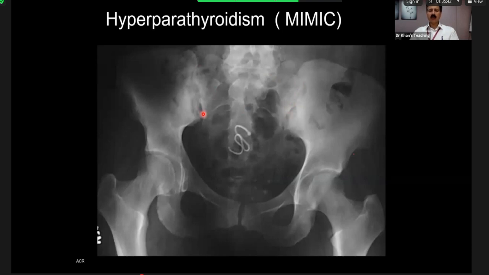In hyperparathyroidism there is resorption of bone and subarticular resorption of bone, which gives you this widened appearance of the joint and a bit of a fuzzy outline. Pathologically speaking, it's not sacroiliitis, but radiologically it is.